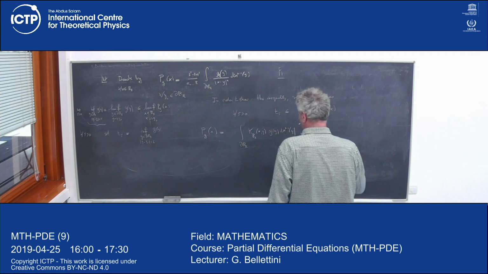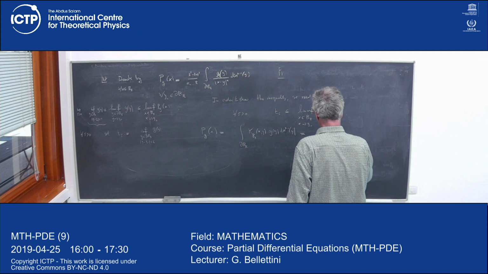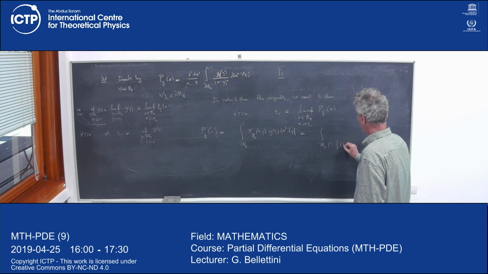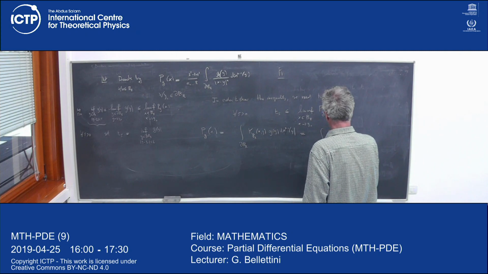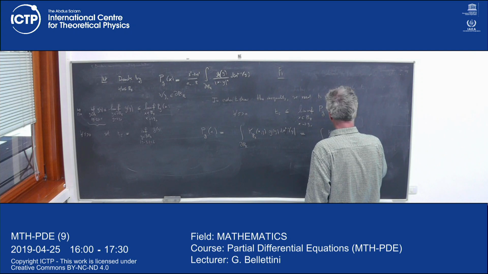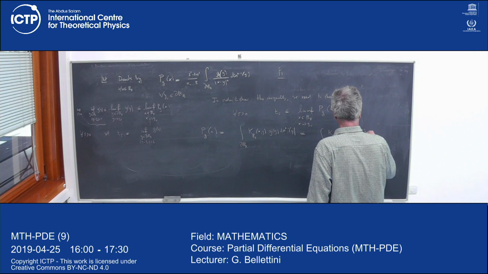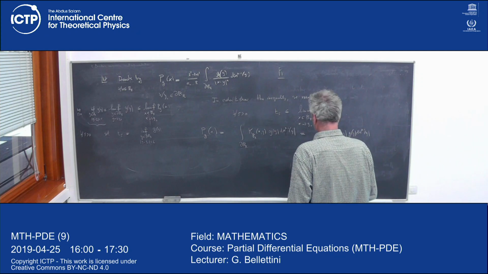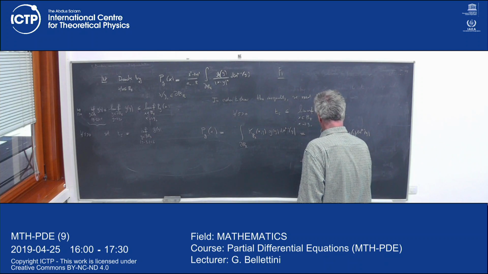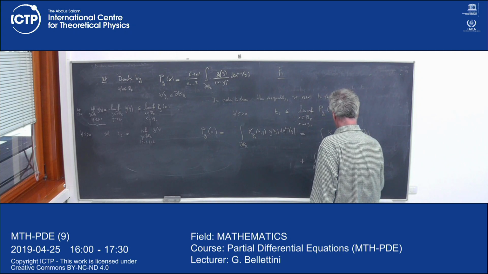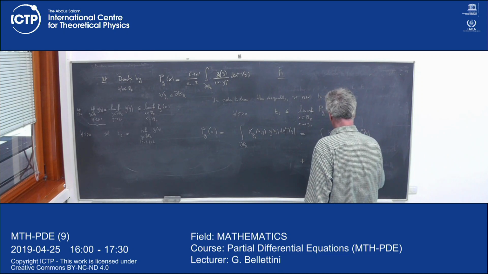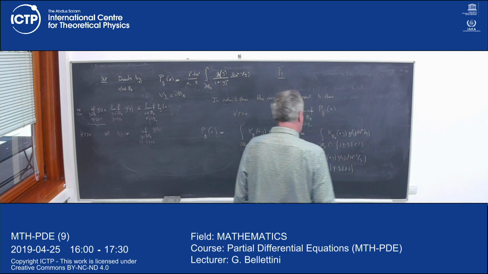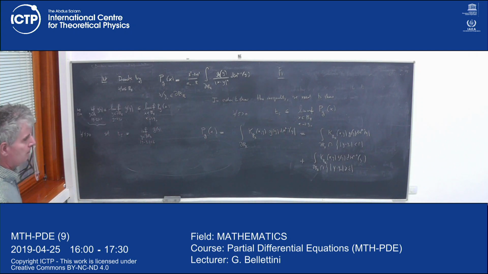So it's natural to write this as an integral over the intersection of y minus y naught less than epsilon, kernel K of x, y, g of y, plus the rest, and this must be larger or equal than something.